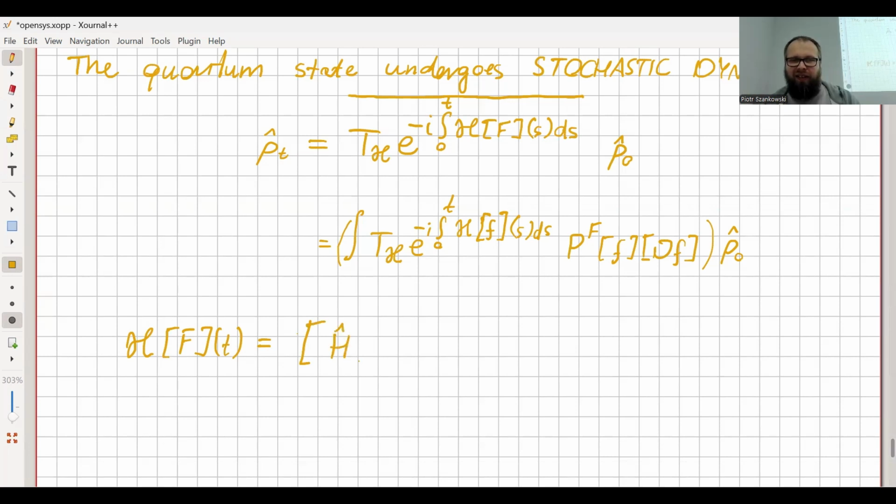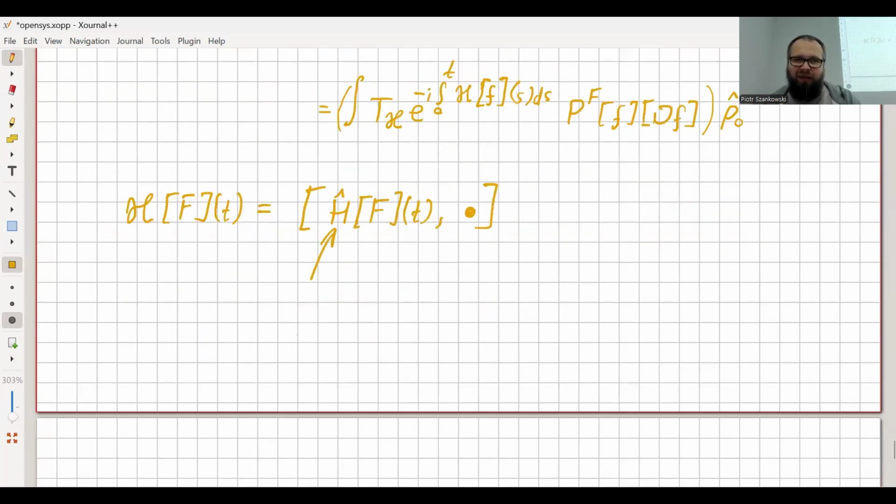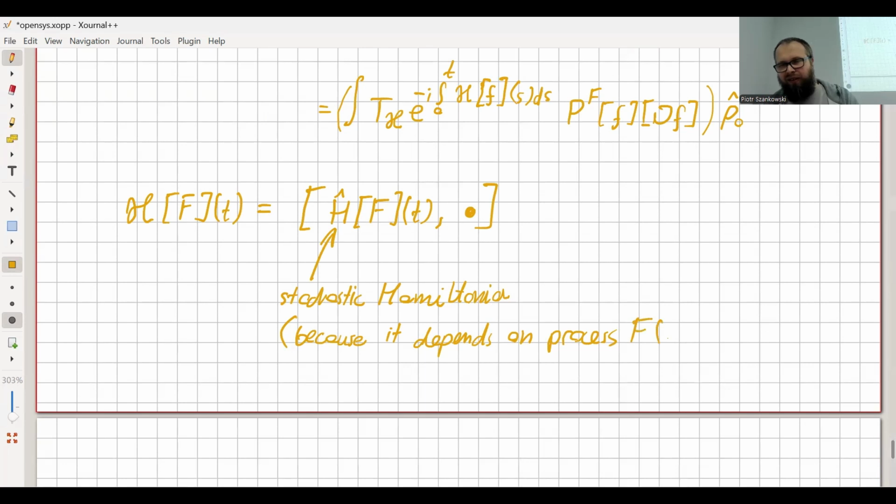It has the standard form of a commutator with the Hamiltonian, and this Hamiltonian is a Hermitian but stochastic operator. It's stochastic because it depends on the process f of t.